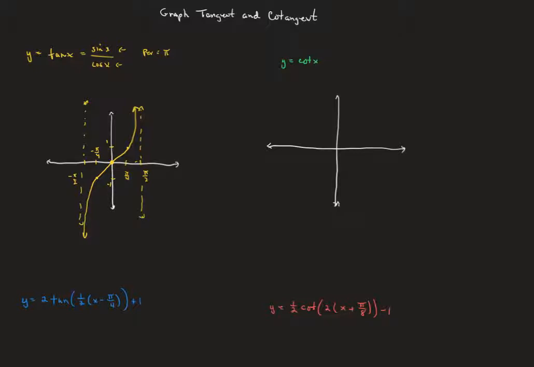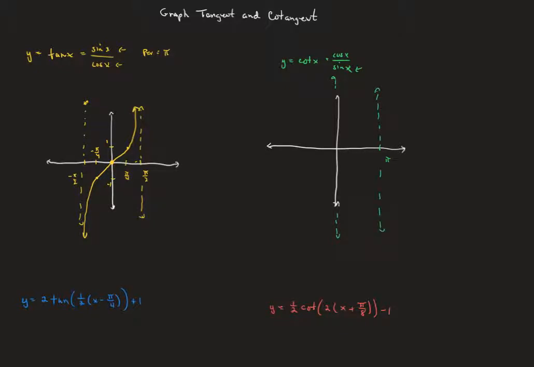Now, a cotangent is going to be a cosine over sine. So again, it's going to have vertical asymptotes when sine is equal to 0, and that is going to be at multiples of pi. So 0, pi, negative pi, and so on. So at 0, it's going to have an asymptote, and at pi, it's going to have an asymptote.